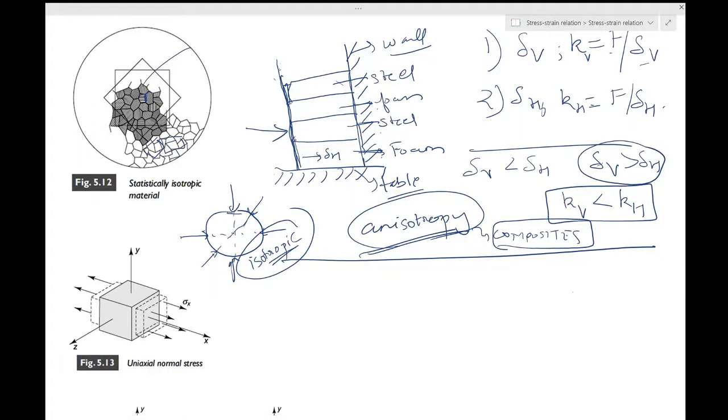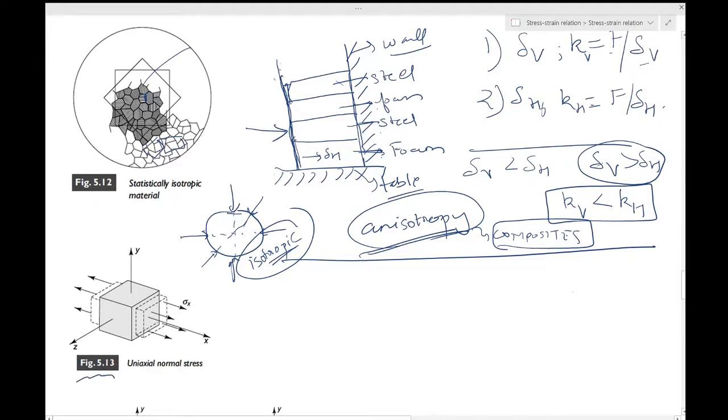So for an isotropic material is what we'll be restricting ourselves to, and we'll take various components of stress one at a time, and then keep on adding the strain effects. So let's work towards that. The first step is to consider an element on which there is only one component of normal stress acting. Look at this diagram, figure 5.13.